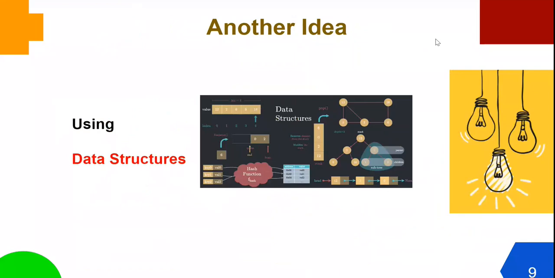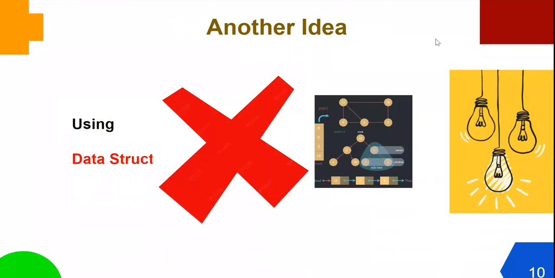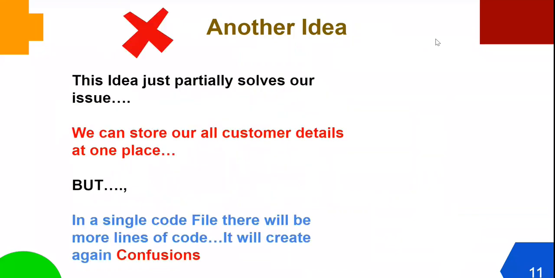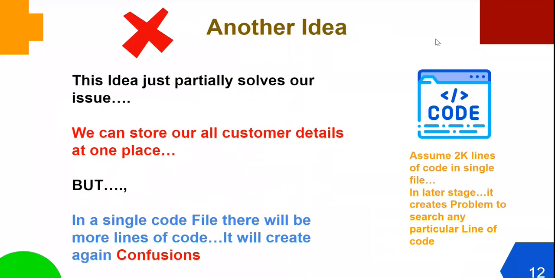Then you might have another idea of using data structures. This answer can partially solve our problem because all the code gets stored in one file, and it gets harder to find out which piece of functionality is stored at which line. Assume 2k lines of code in a single file.